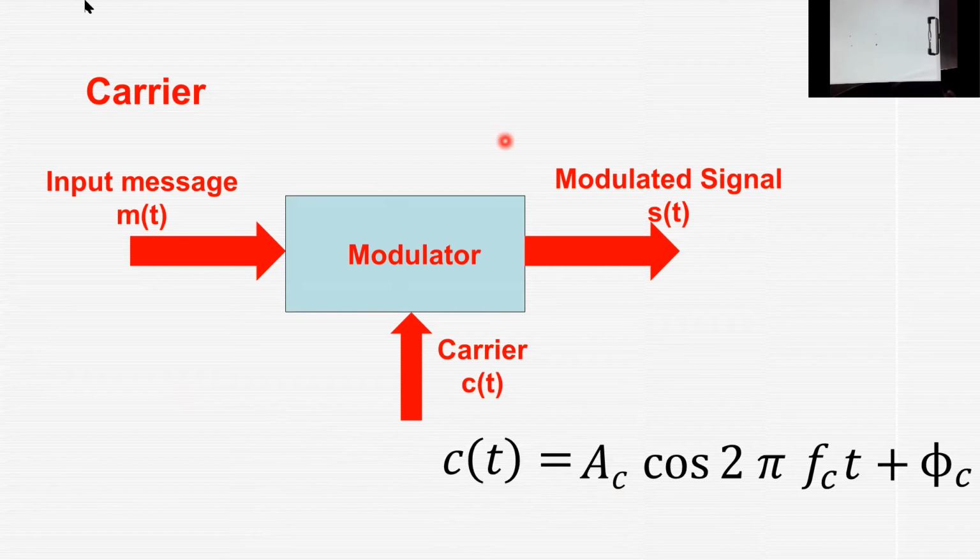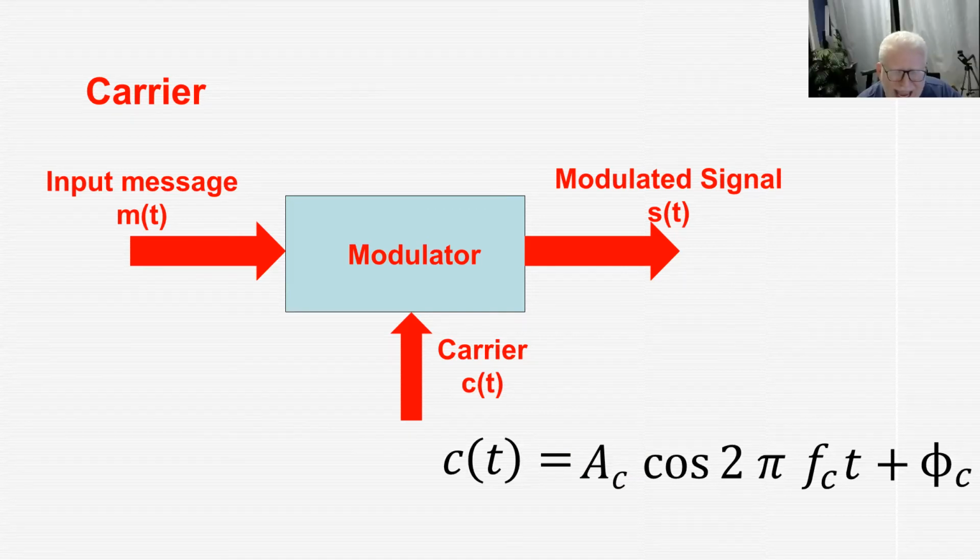Is there any other way to hide your message in another form? Does the carrier include any other parameter rather than the amplitude? Of course, the carrier includes the amplitude as a parameter. However, in cosine 2 pi, we have another parameter, the frequency. And actually we have a third parameter, which is the phase.